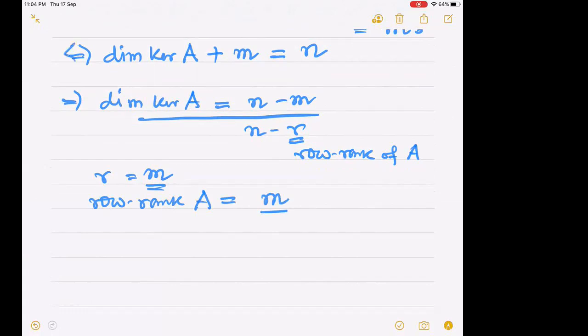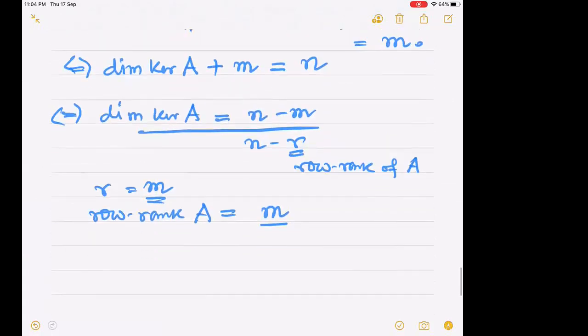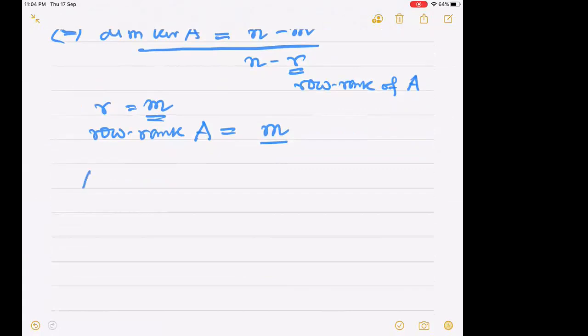In fact, these are all equivalent statements. So I see that A is onto if and only if row rank of A is equal to m.